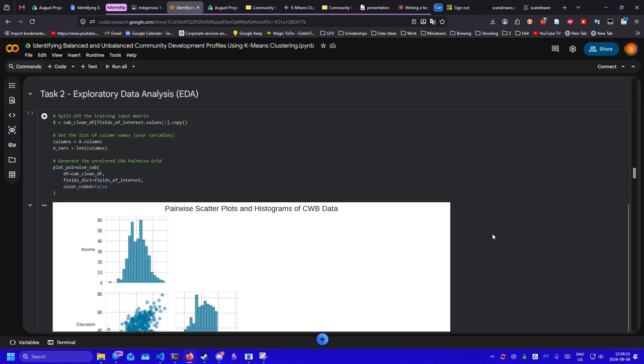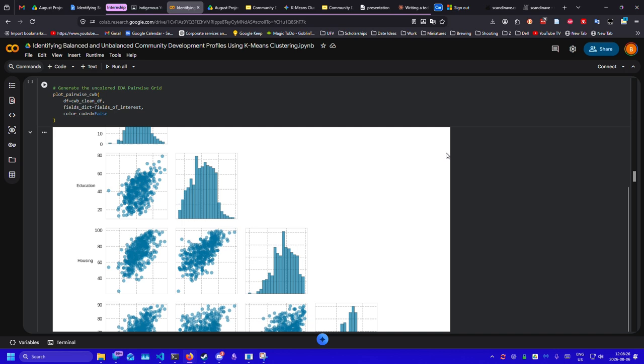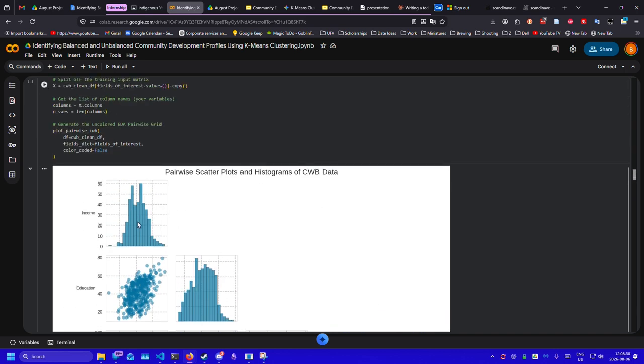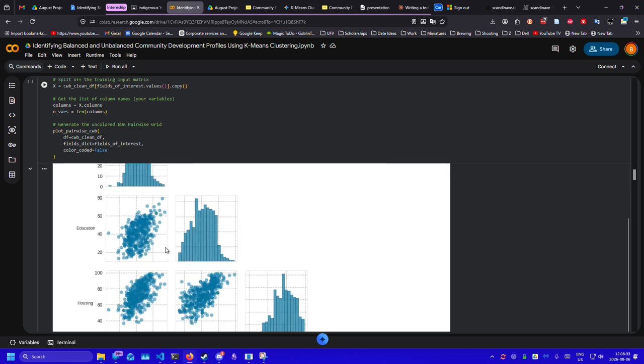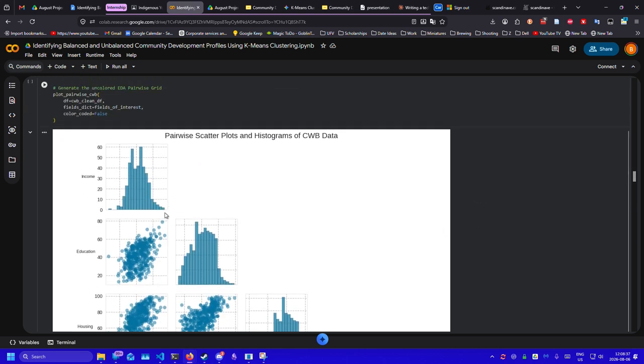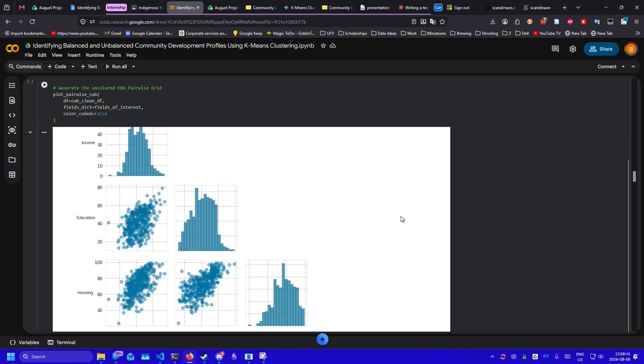So for my exploratory data analysis, you can see that I started by generating that first graph we saw, which has the histograms for all 3, we don't know about the clusters yet, but it has the histograms for the whole plot. This is income against income, so you can see the distribution of income in the set.